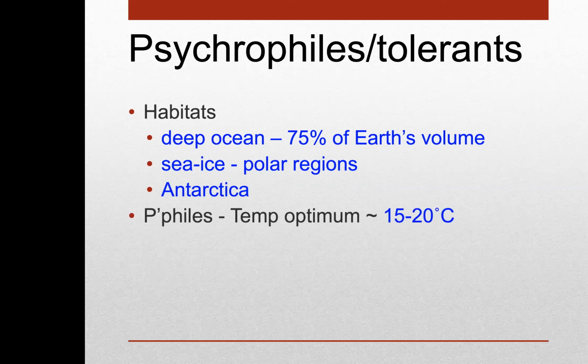Now, if you're a psychrophile, you have to have a temperature optimum below 20 degrees C, right? Below room temperature, so to speak. And in some cases, there are organisms that have temperature optima below 10 degrees even.